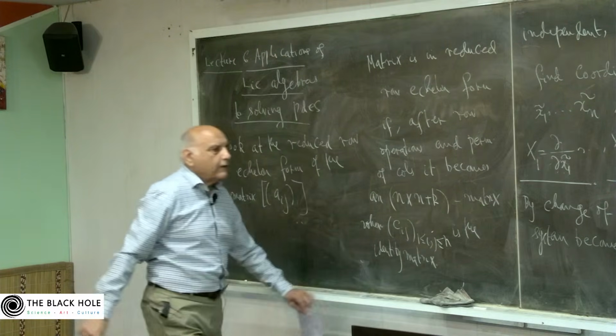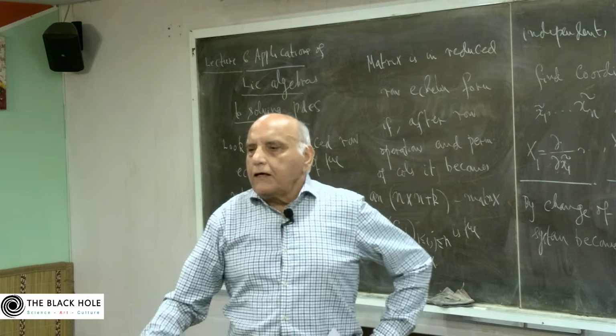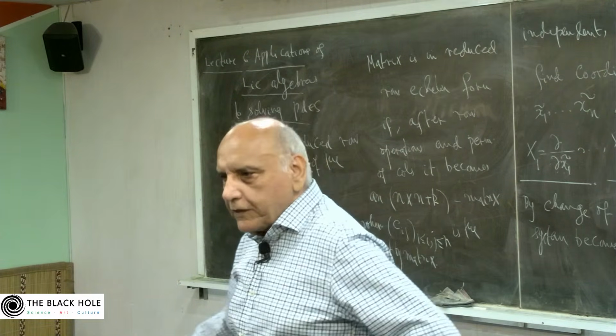Okay, so this is how you check whether a matrix is in reduced row echelon form or not.